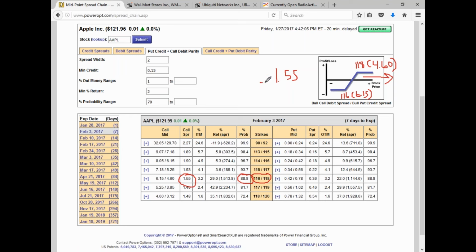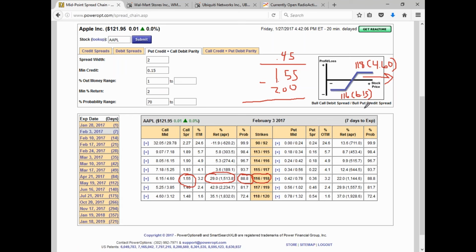We'd close it out and get $2 back. And so we'd have a profit of 45 cents over an investment of 155, which would turn out to be a 29% return for 7 days.